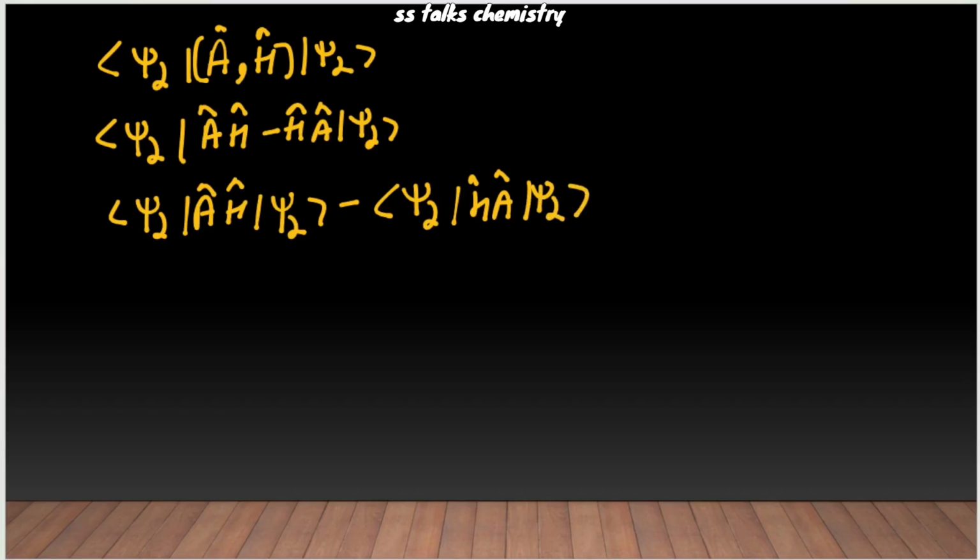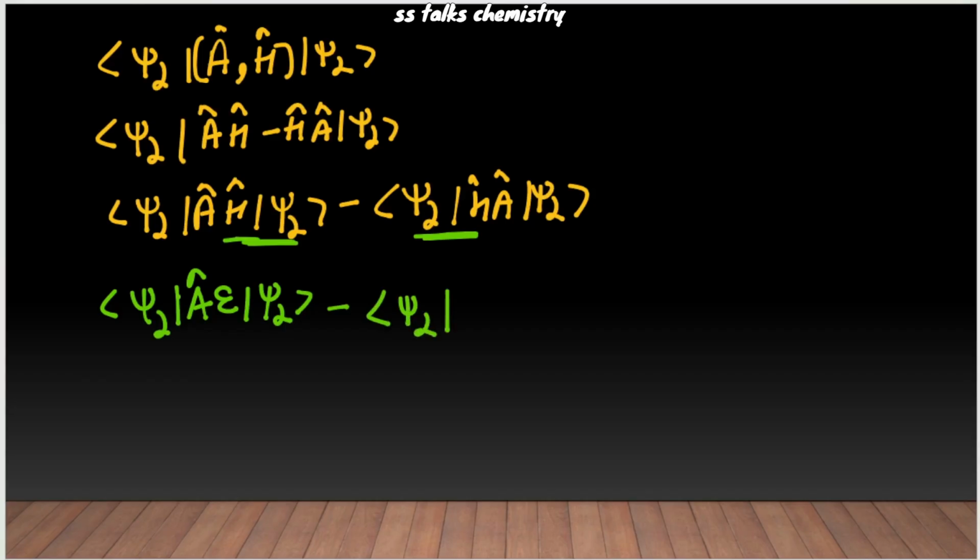So it becomes psi2 AH psi2 minus psi2 HA psi2. Here the Hamiltonian is applied upon psi2, so this gives me the energy value and the wave function psi2 as it is. Here the operator A was there and psi2 as it is. Minus: now psi2 with the Hamiltonian in bra notation gives me psi2, the energy E, the operator A and psi2 as it is.